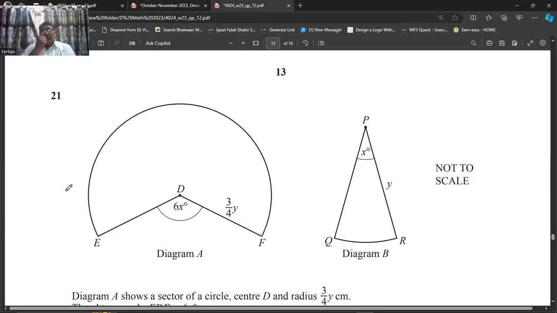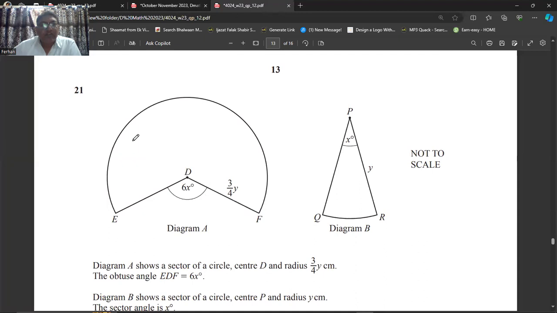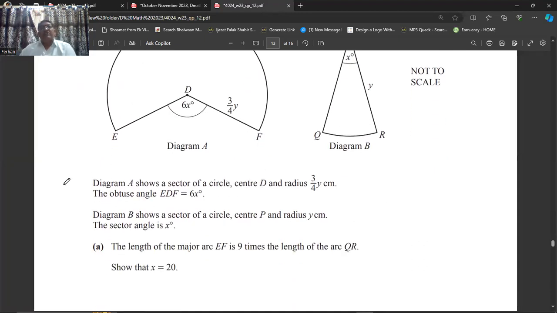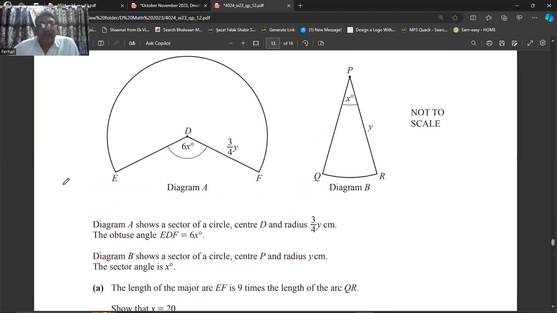Okay. So on your screen, we have question number 21. It says the diagram shows a sector of a circle with center D and radius 3 by 4 y. And diagram B shows a sector of a circle with center P and radius y. The sector angle is x degrees.